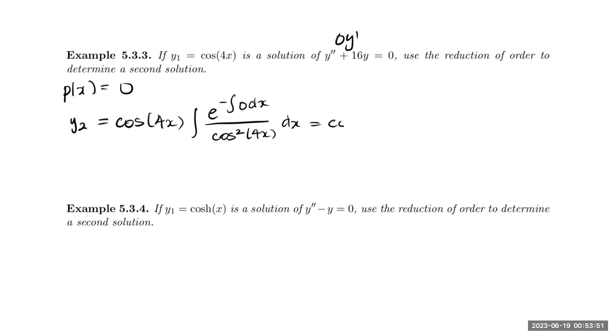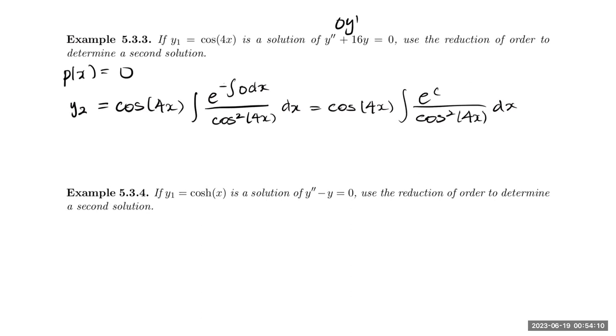So that's going to be cos of 4x times the integral of e to the power c, so it's just going to be a constant then, divided by cos squared of 4x dx. So I'm going to bring out the e to the power of c, rewrite the 1 divided by cos squared as secant.